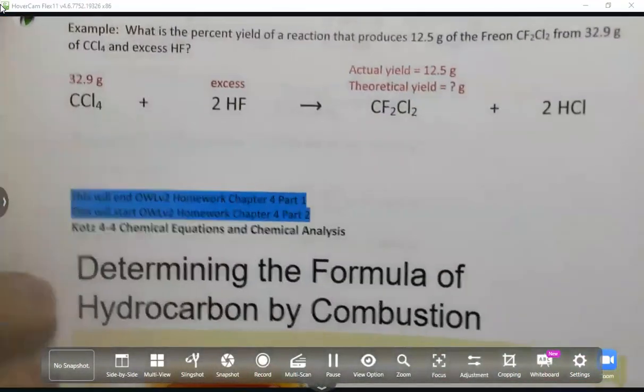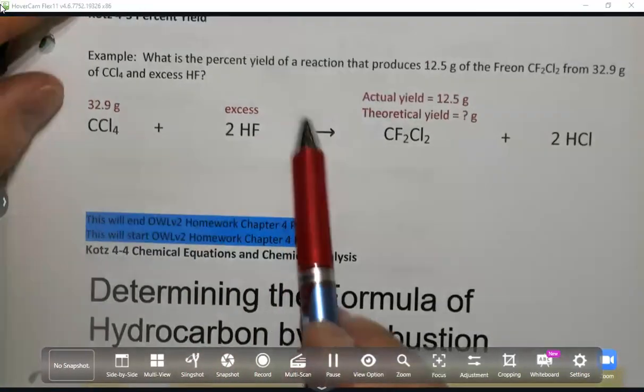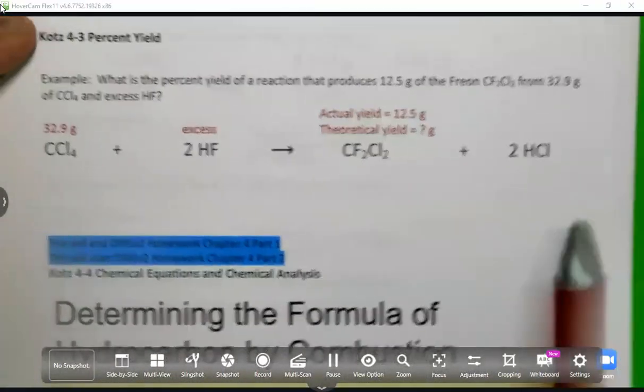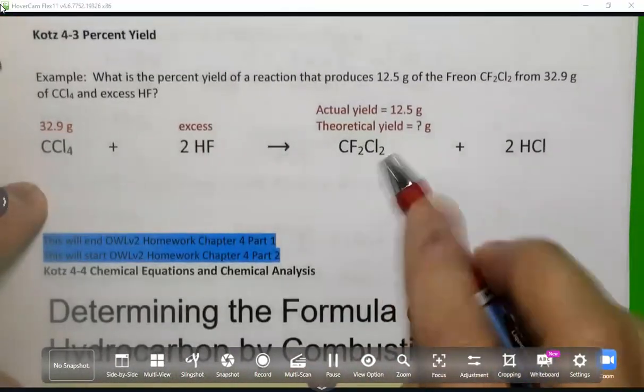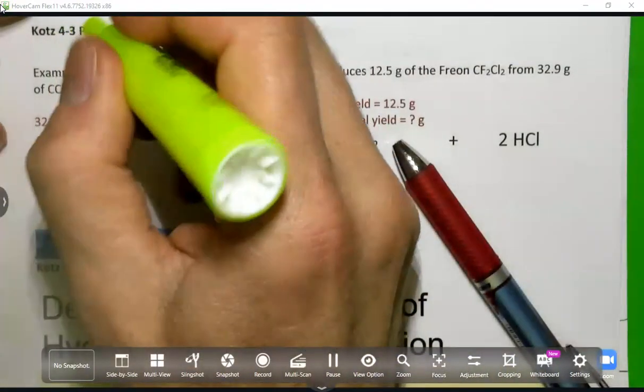This problem here will get us through OWL chapter 4, part 1. And this will get you through the lab next week. So here's what we've got, and this is entitled percent yield.